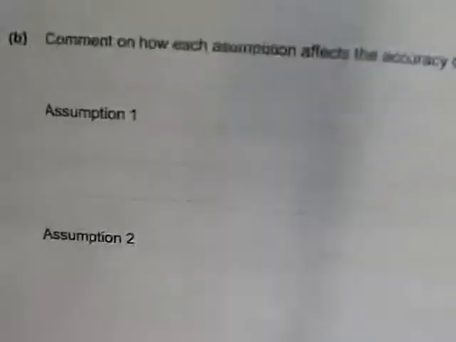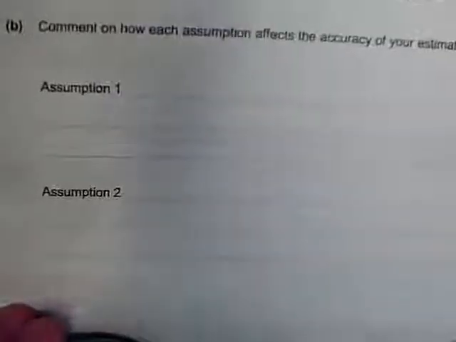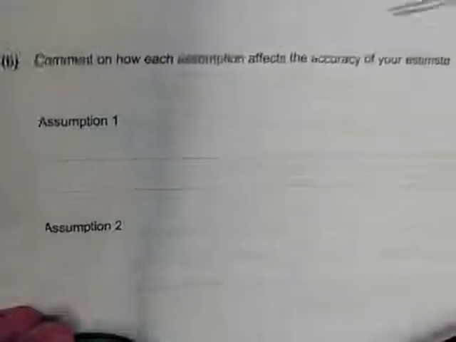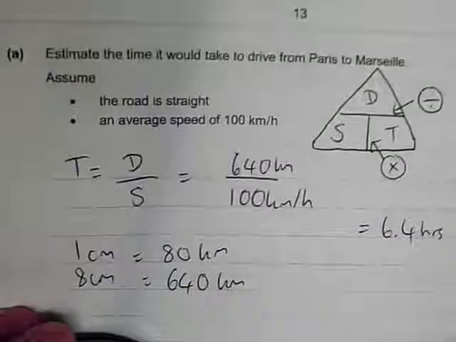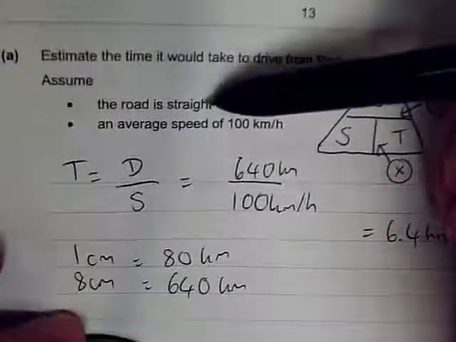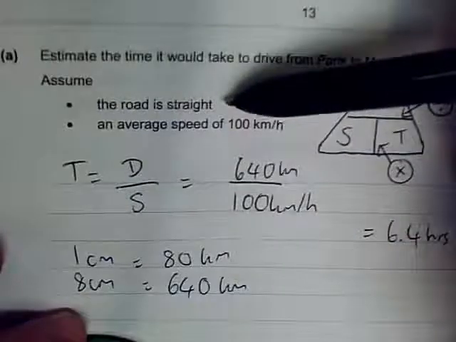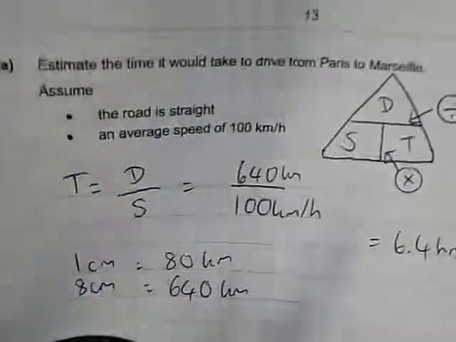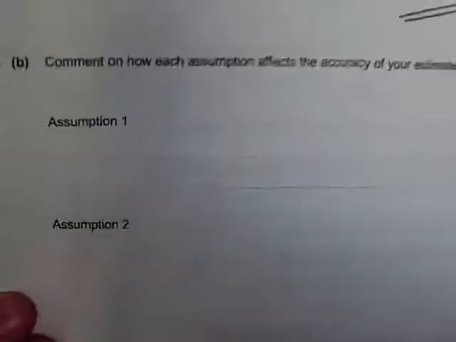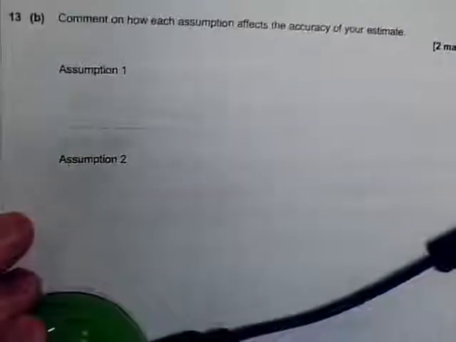In part B, it then says comment on how each assumption affects the accuracy of your estimate. So remember the two assumptions. It's not very clear in this, but this is your first assumption, this is the second assumption. So the first assumption was that the road is straight. What you need to ask yourself is, what would happen if that was wrong?